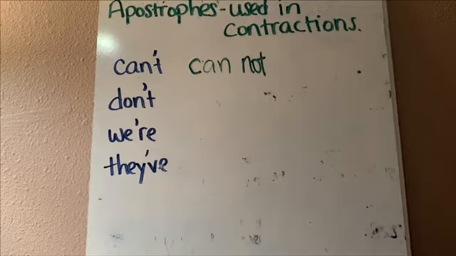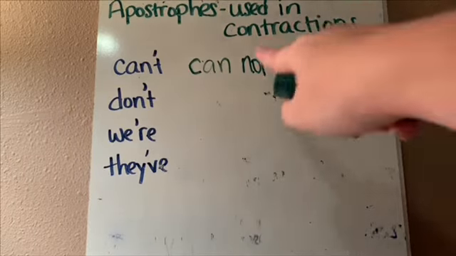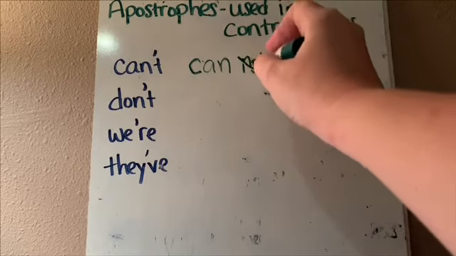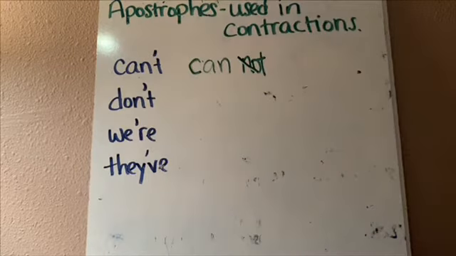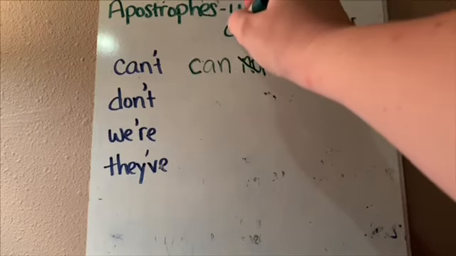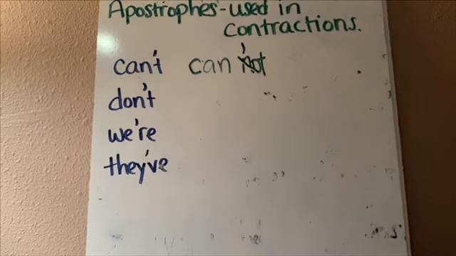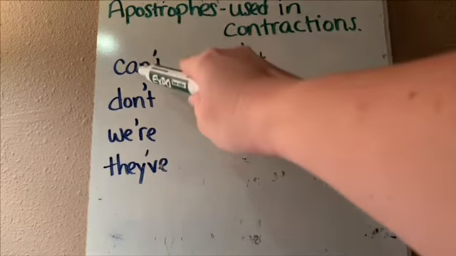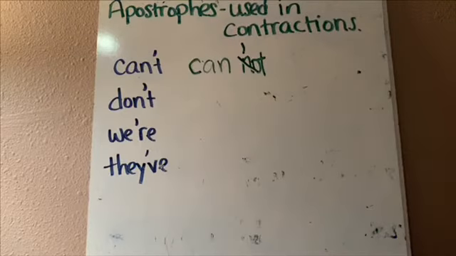Now, my apostrophe goes where the letters that I have taken out, the apostrophe replaces them. So what letters have I taken out? Well, I've taken out the N and the O of not. So my apostrophe goes in that place. Can't. You see it?